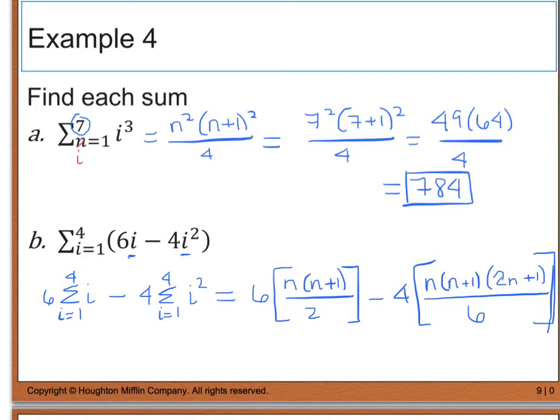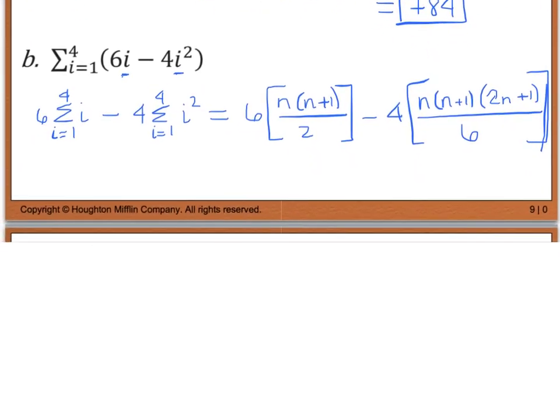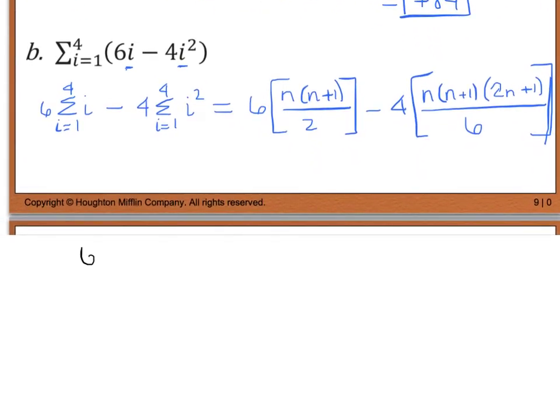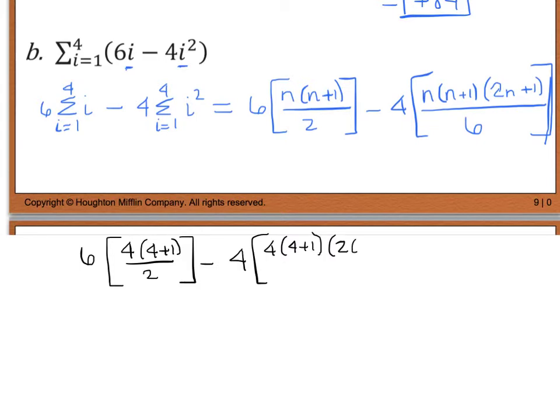So from my summation, I can see that my n value is 4. So I'm going to plug in a 4 for every n. And when we do that, we end up with 6 times 4 times the quantity of 4 plus 1 divided by 2 minus 4 times the quantity of 4 times 4 plus 1 times 2 times 4 plus 1 divided by 6.